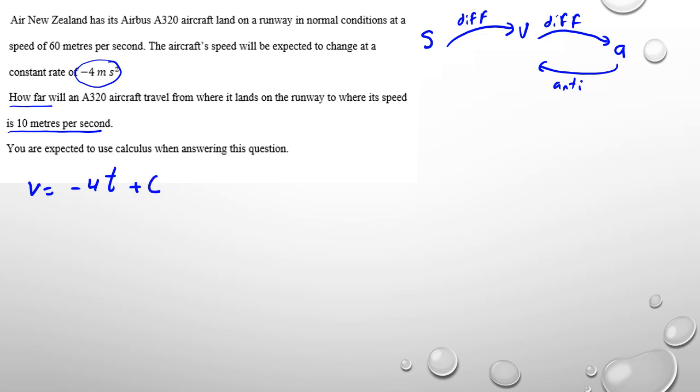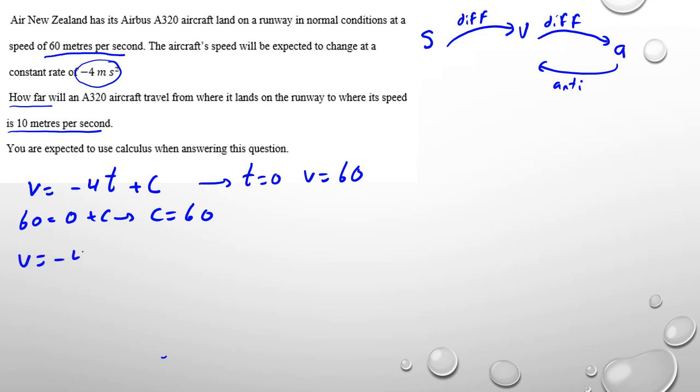Now you need to find the c value. When it runs at the normal condition speed of 60 meters per second, that means when t is 0, v is 60. If you substitute that in, c is 60, so your velocity is -4t plus 60.